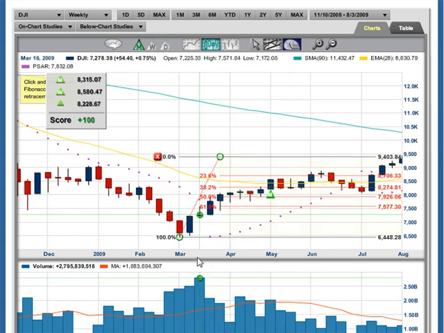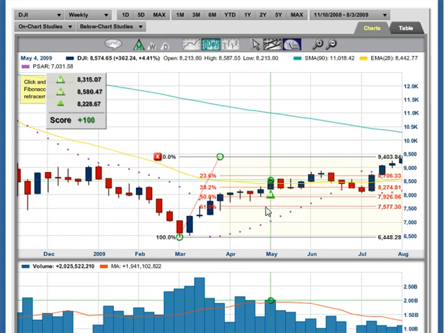I would expect the Fibonacci retracements to turn out to be some important levels. The first one, once we get below that monthly area around 8,500, comes in at 8,274. Let me draw these in for you with my mouse.